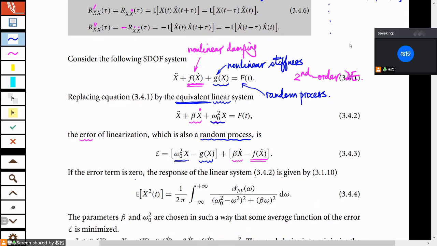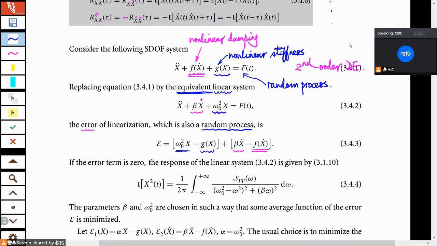Now, if the error is zero, that means there's no difference between the equivalent linear system and the original nonlinear system. Then we can use the equivalent linear system to find the response. Okay, so use what we studied in the previous section. We can find the mean square response of the linear system.